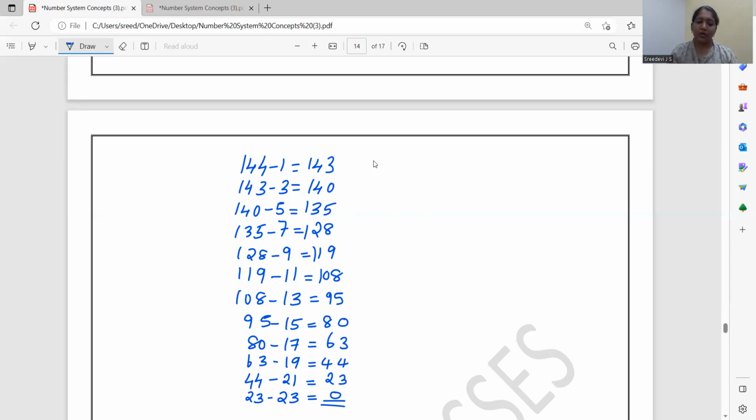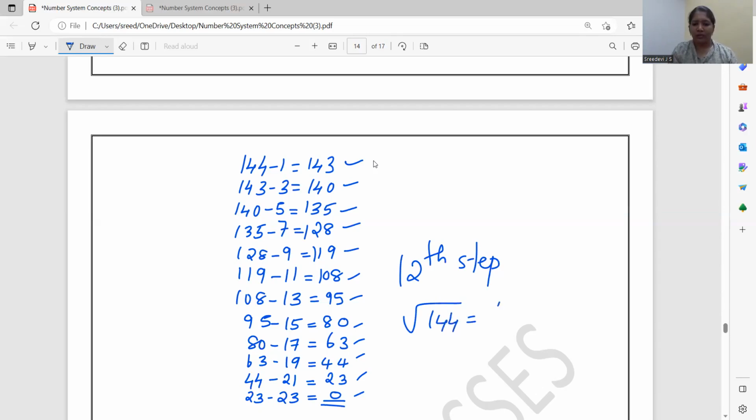Okay, so at which step are we getting 0? 1, 2, 3, 4, 5, 6, 7, 8, 9, 10, 11, 12. At the 12th step, we are getting the subtraction answer as 0, right, when we subtract consecutive odd numbers from the given number. So what is the answer here? The square root of 144 is equal to 12.